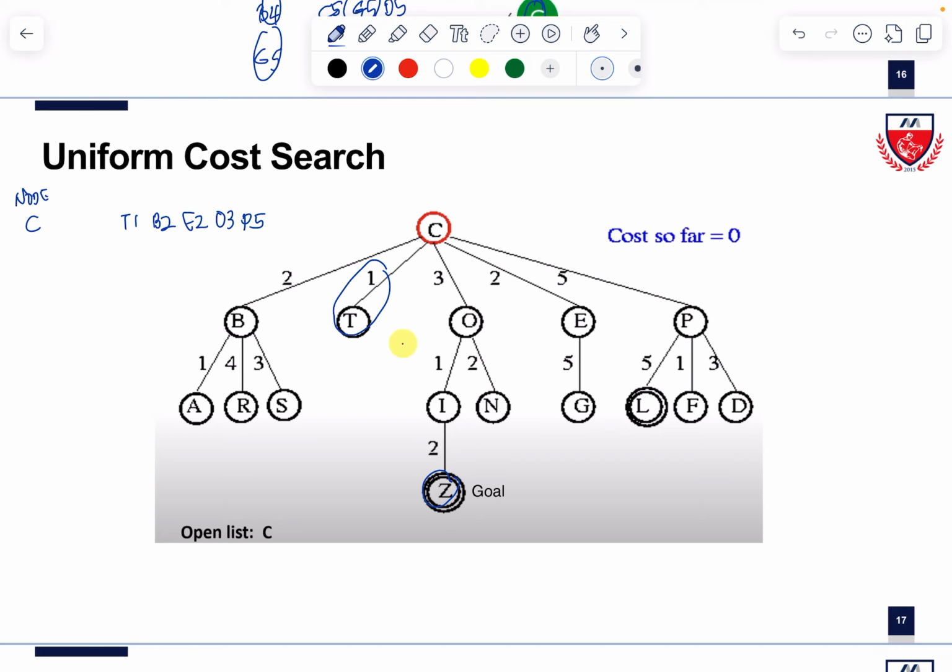This is the in-order arrangement of the nodes using uniform cost search.